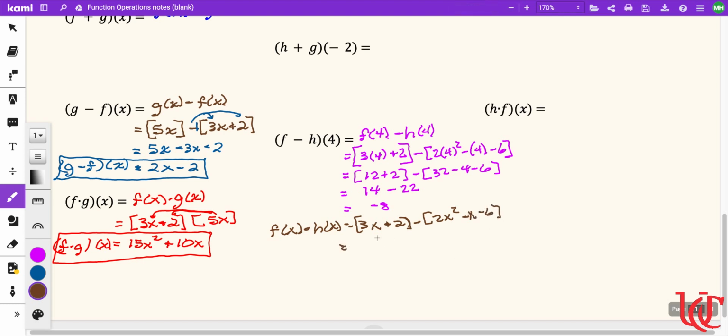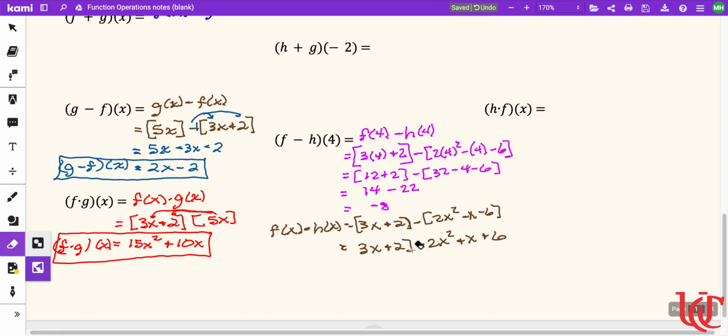This set of brackets has nothing attached to it, so it would be 3x plus 2 minus, changing all the signs, minus 2x squared plus x plus 6. I didn't need those brackets.